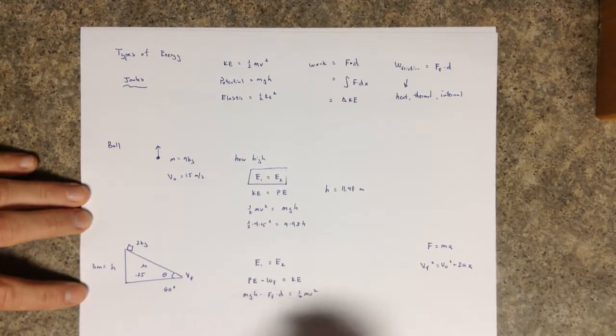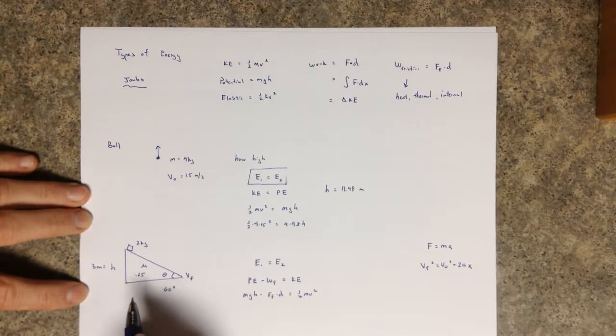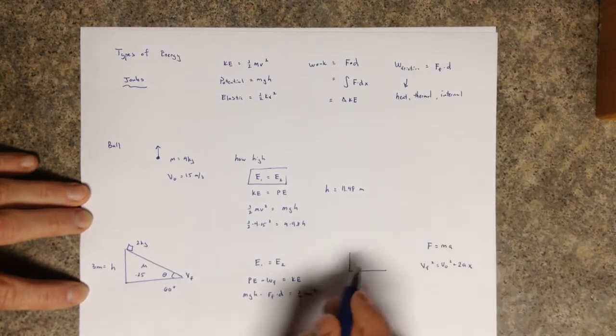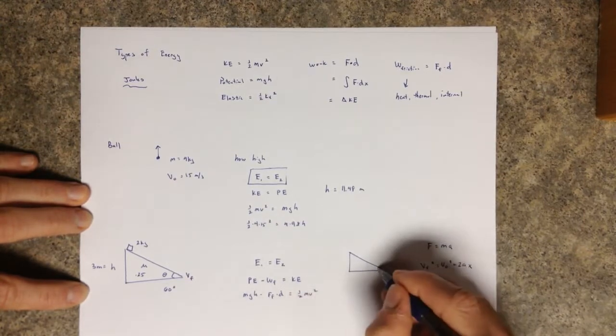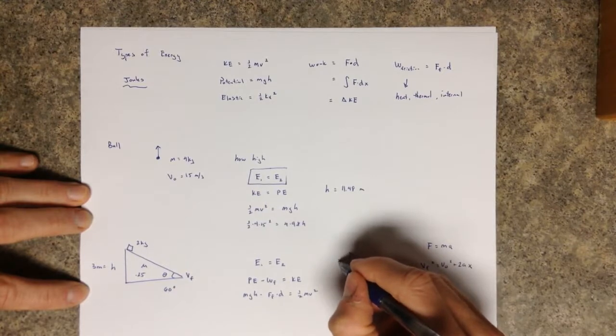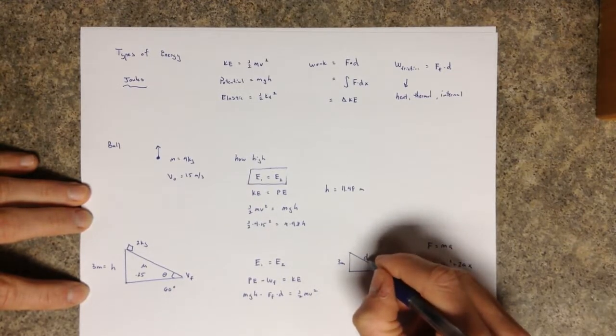One of the more challenging parts here is to somehow relate h to d. They're not always going to give you both of those things, but here they did. If you really think about it, we have this picture. This angle is 60 degrees. If this is 3 meters and this is 60 degrees, then what is d?